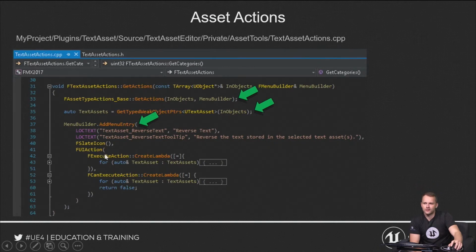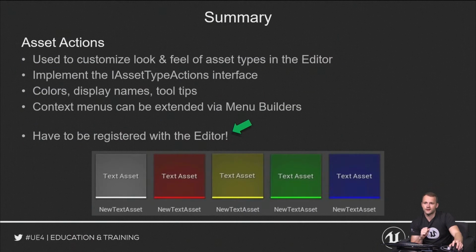And this particular code might look a little complicated, but it's really just a use of so-called lambdas, which are anonymous functions, or in other words, functions that don't have a name. So you can think of this as code that's being executed at a later time when the editor requests to run that code. And that's really all there is to it. So that's pretty much it for asset type actions.